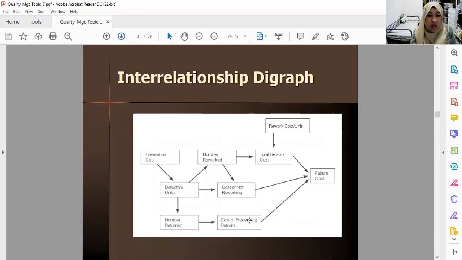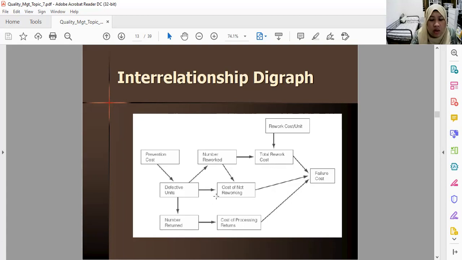Next is the interrelation diagram, so they have a few items here. You can see the rework cost unit, and the failure cost. The main one here is failure cost, of course, because the product has failed, so it is about cost. They have prevention cost, defective units, number of reworks, where they have to do multiple rounds of testing, and total rework cost.